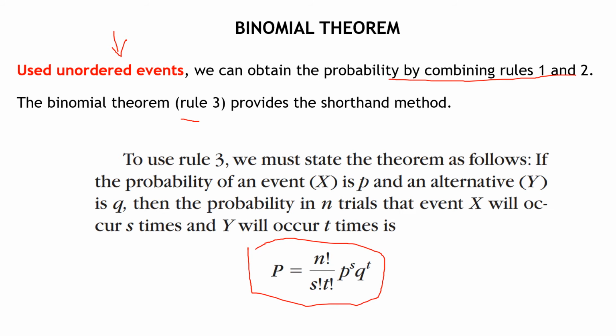And here is the number of trials. Here you have the probability of one event, the number of times that one event happened, the number of times the other event happened, and here is the probability of one event and the probability of the other event. Okay, that sounds very confusing. So let's continue with the exercise in a second, and you will see that it is much easier.